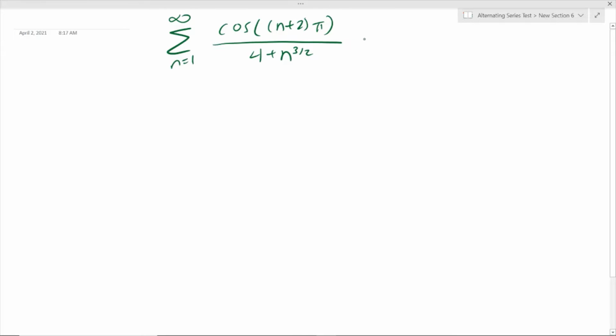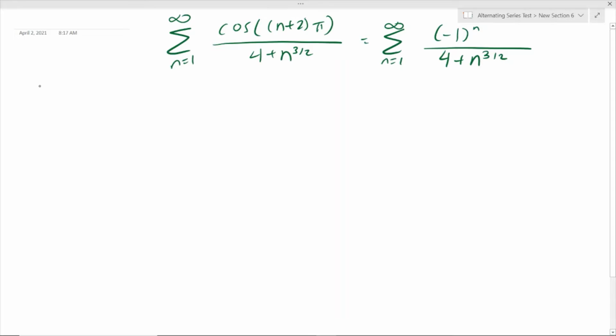So this is going to be equal to this. And we see, hey, this is an alternating series. Now, to see if it's convergent, we just have to test it out and apply the two conditions.